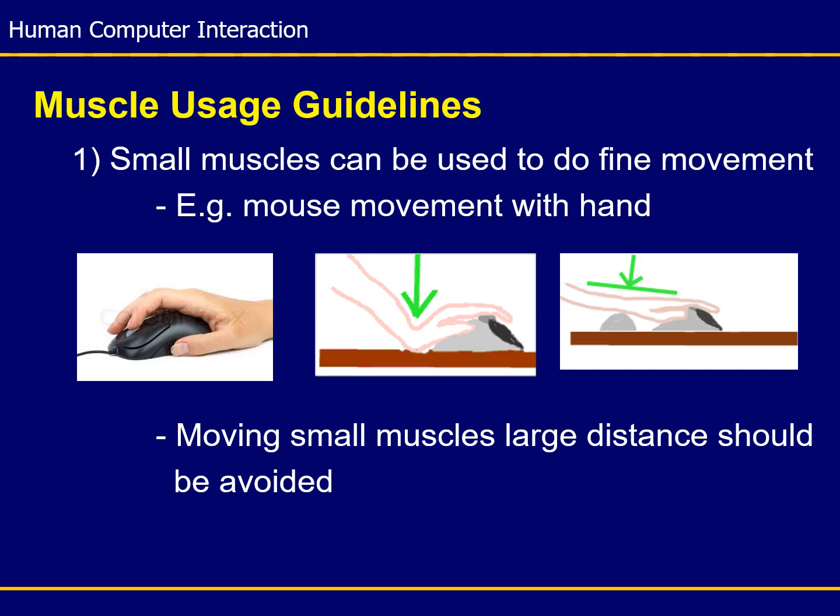You can traverse even the biggest screen that you would imagine sitting in front of by moving a few centimeters on the table, which means that you're moving small muscles, small distances, which is perfect. And the other perfect thing is you're not carrying anything. The table is carrying the mouse for you, and it's also carrying your hand.